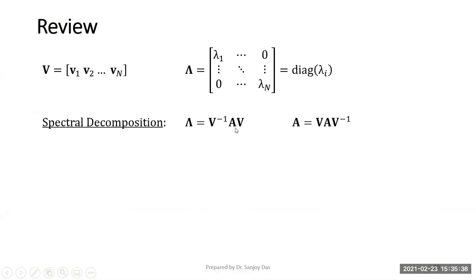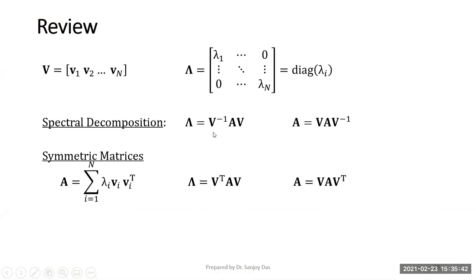This is for any A, need not be symmetric, but for a symmetric matrix, V inverse and V transpose are the same. So it boils down to lambda equals V transpose AV, or A equals V lambda V transpose.